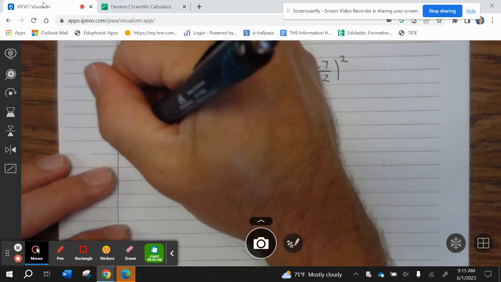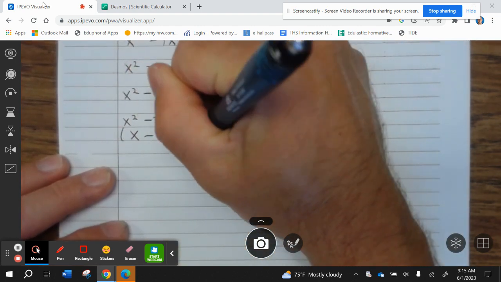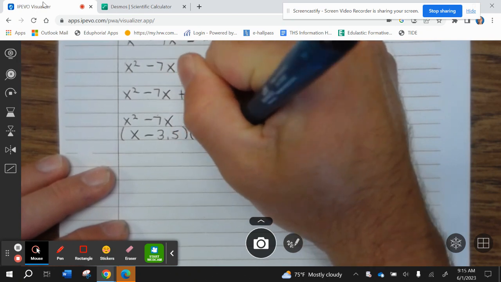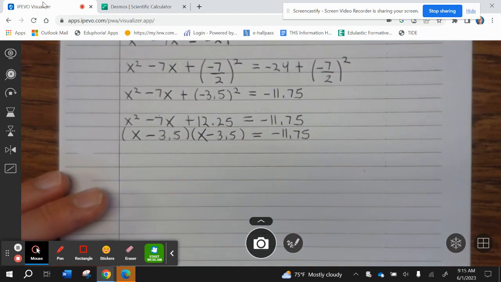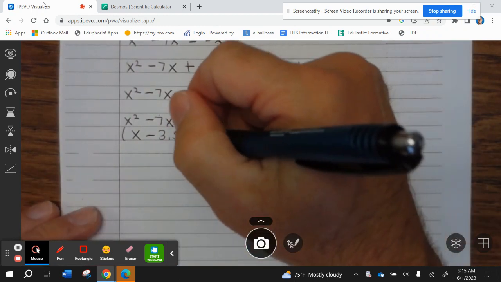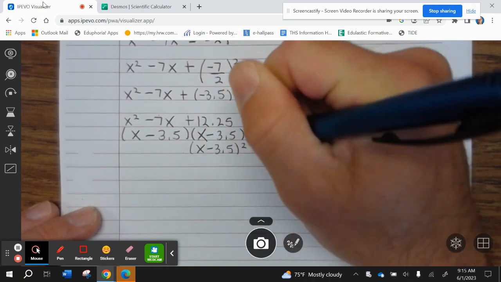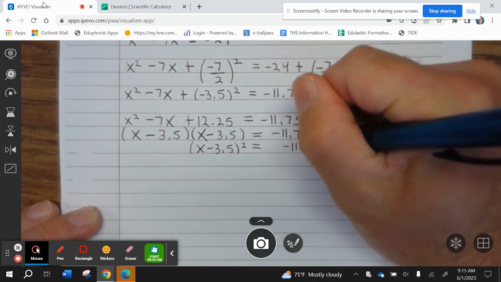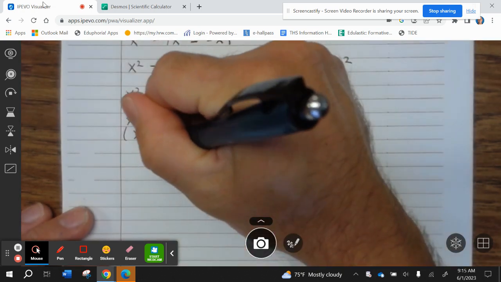So this becomes x minus 3.5 times x minus 3.5 equals negative 11.75. So then this is x minus 3.5 squared equals negative 11.75. Take the square root of both sides, plus or minus.